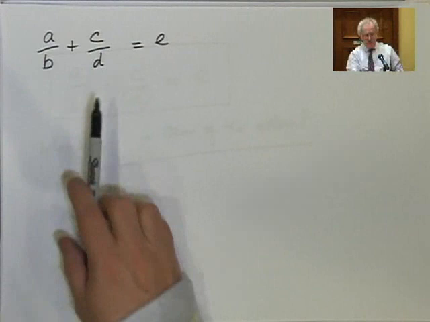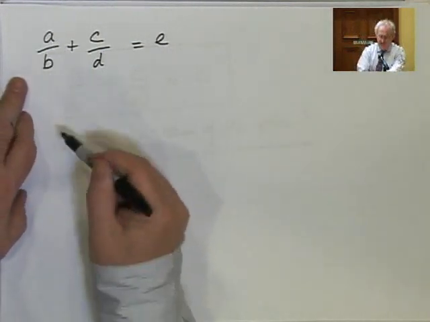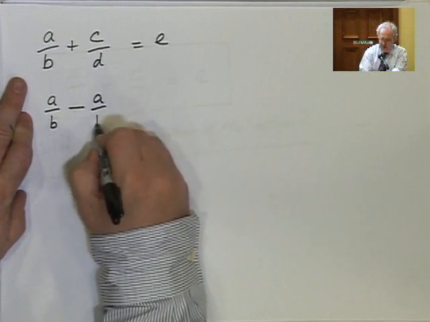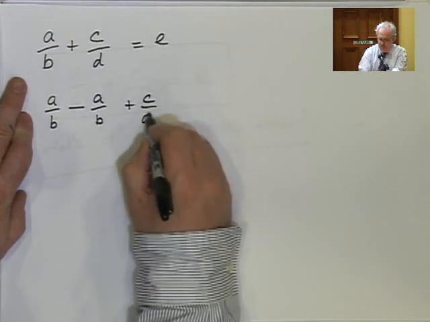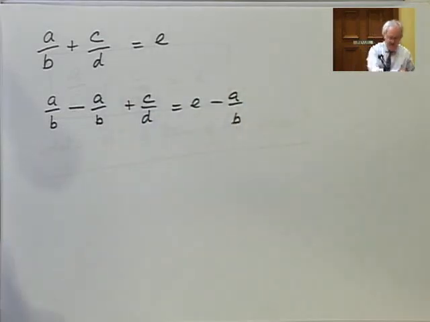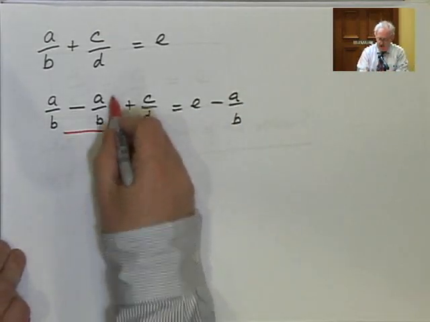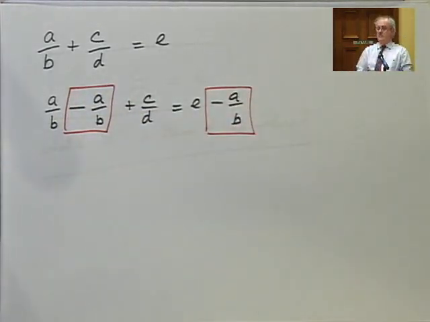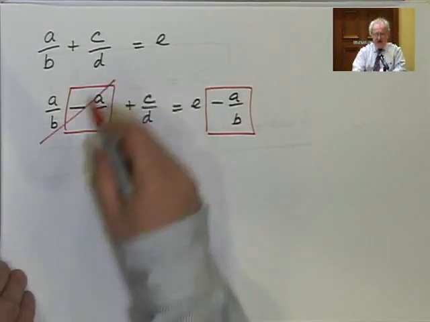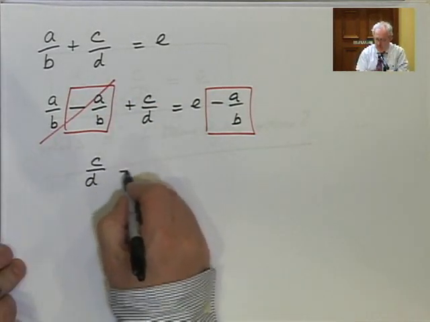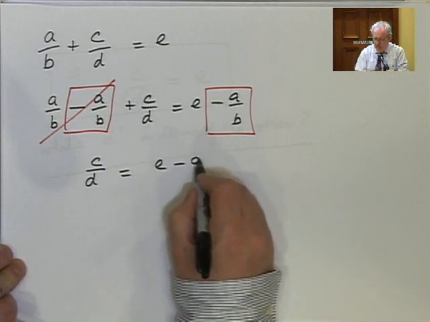That's not bad. I don't like this A over B. So I'm going to say A over B minus A over B plus C over D is E minus A over B. Effectively, what I've done is I've subtracted this on this side and the same on the other side. Okay? And that cancels that. So I'm now left with C over D is equal to E minus A over B.